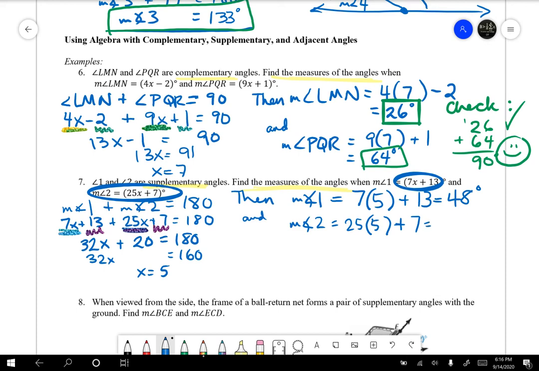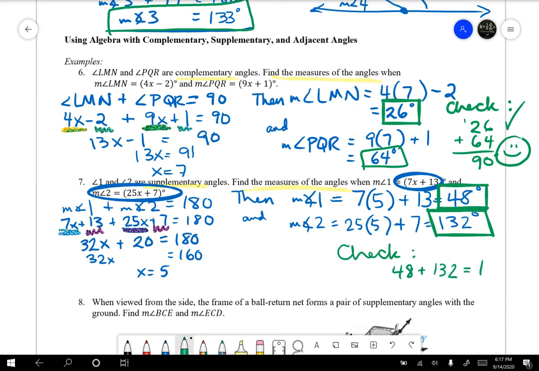And that's 125 plus 7, so that'll give me 132 degrees. I box my answers, make sure I have them correct, and then I'm going to check it. 48 plus 132. It should add up to 180, and it does. Yay, give yourself a star.